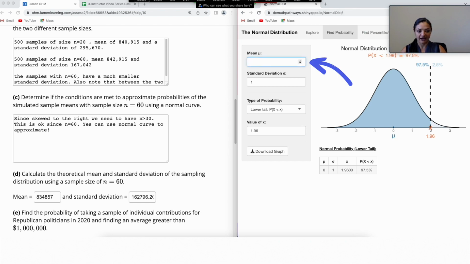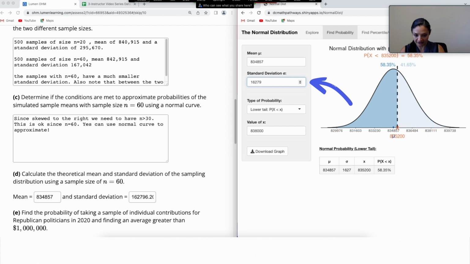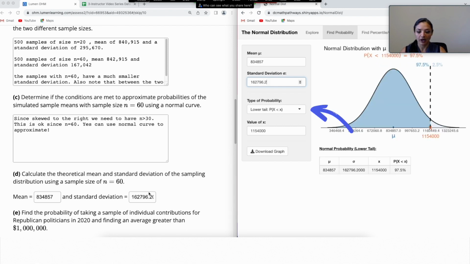Now the mean we have listed here, 834,857. The standard deviation we have as 162,796.2. And now what we want to know is the probability that this average is greater than 1 million.